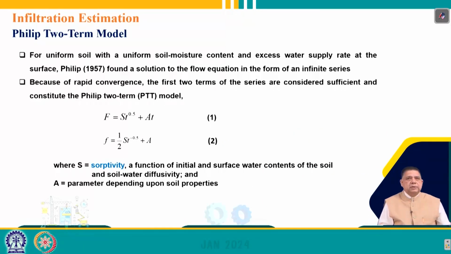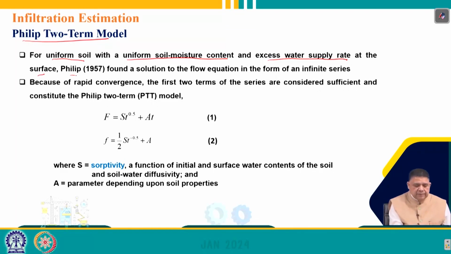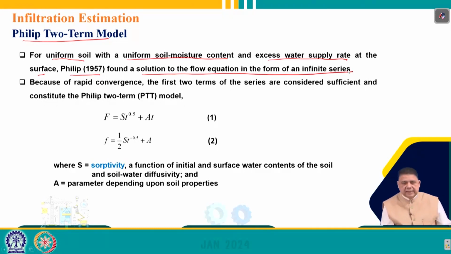So, now we come to the next model in the physically based category, which is the Philip two-term model. For uniform soil with uniform soil moisture content and excess water supply rate at the surface, Philip 1957 found a solution to the flow equation in the form of an infinite series. So, if you look at the assumptions, the soil is uniform, the moisture content remains uniform, but there is excess water supply at the surface.